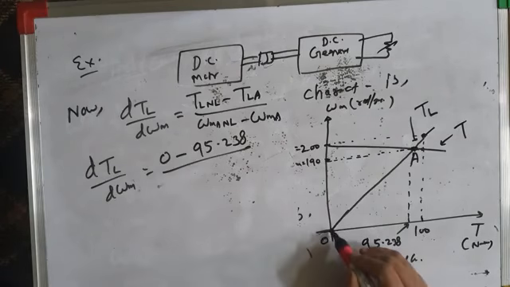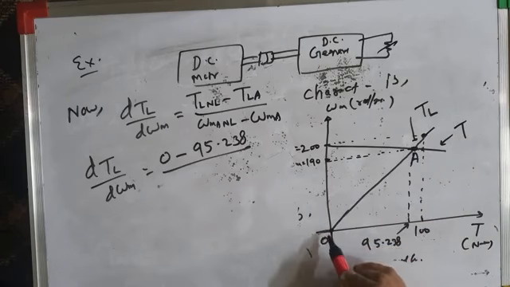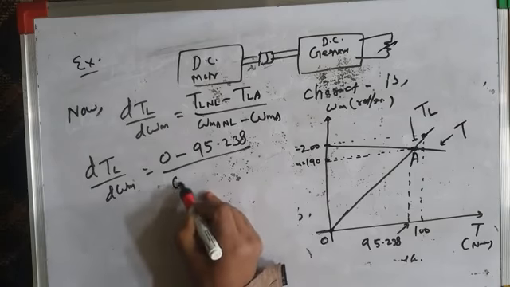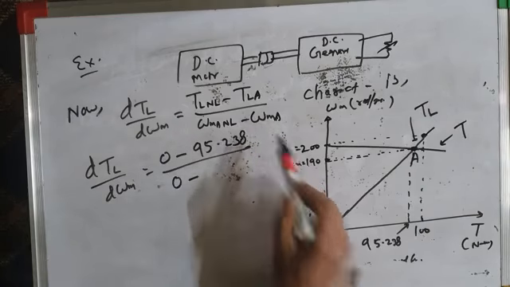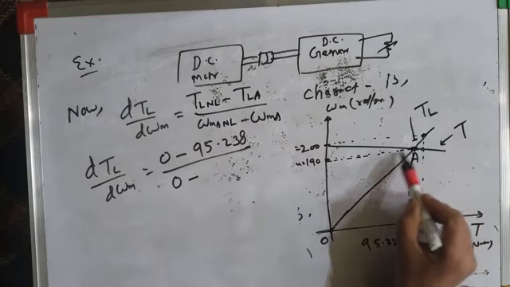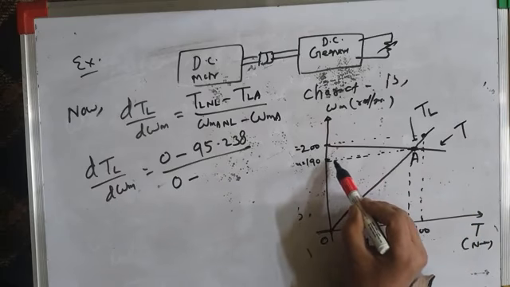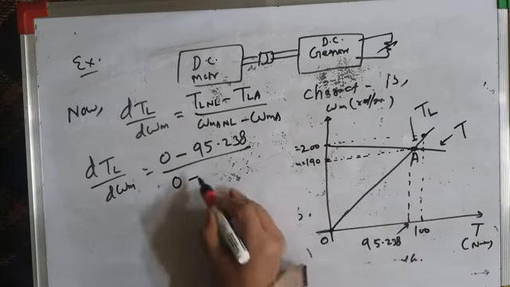Sorry, speed is also 0, because this is the load torque speed characteristic. When torque is 0, speed is also 0. Speed minus, what is the speed at full load at A? A few moments back we calculated it is 190.476.